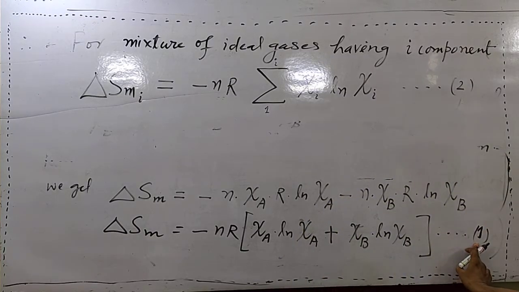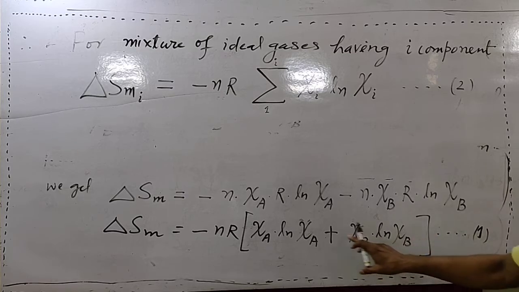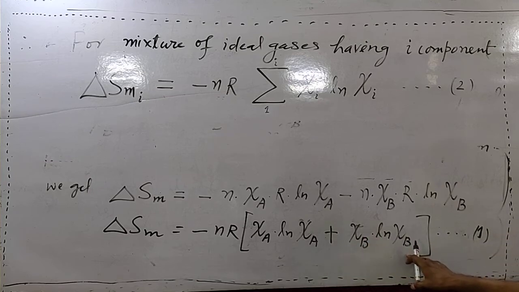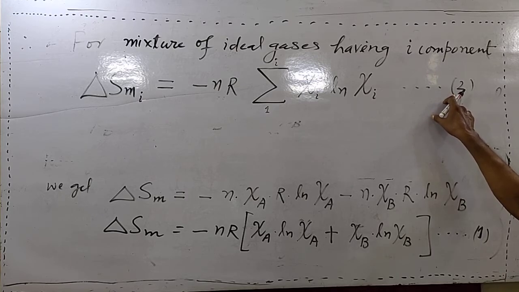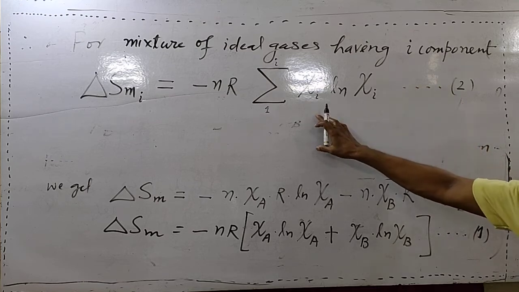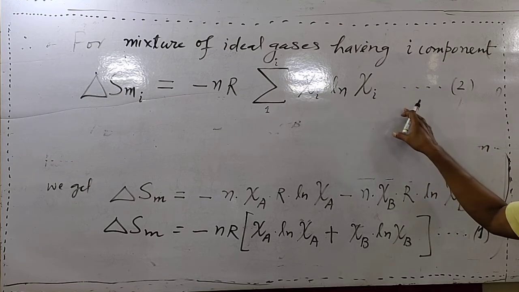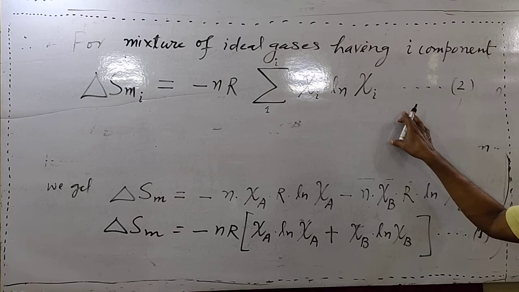Equation 1 is the change in entropy of mixing of two ideal gases A and B, and equation 2 is the expression for the mixture of I ideal gases.